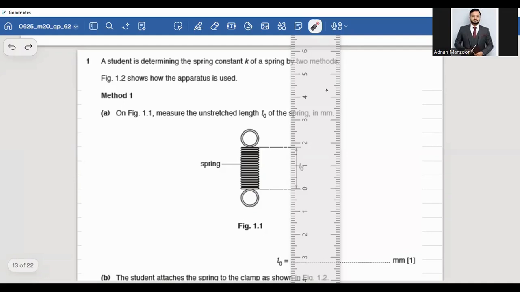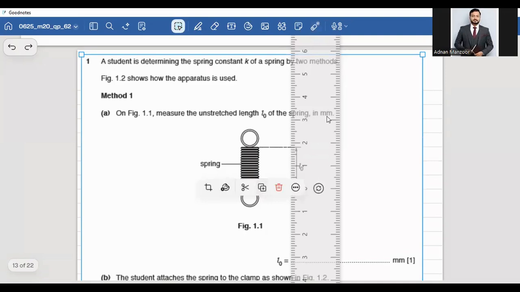In Cambridge, you will get the same answer as in the mark scheme. If we go with the mark scheme, that is about 22. But according to my image right now, this is 1.8 or 18.